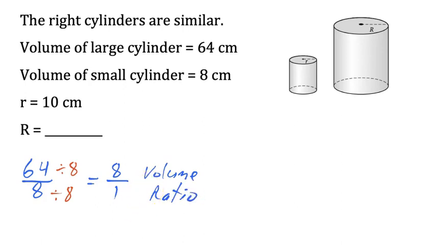We know that the volume ratio is the cube of the side ratio, so we're going to need to uncube the volume ratio. We call that the cube root. So the cube root of 8 to 1 equals 2 to 1, and that is now our side ratio, or in this case, the radius ratio.